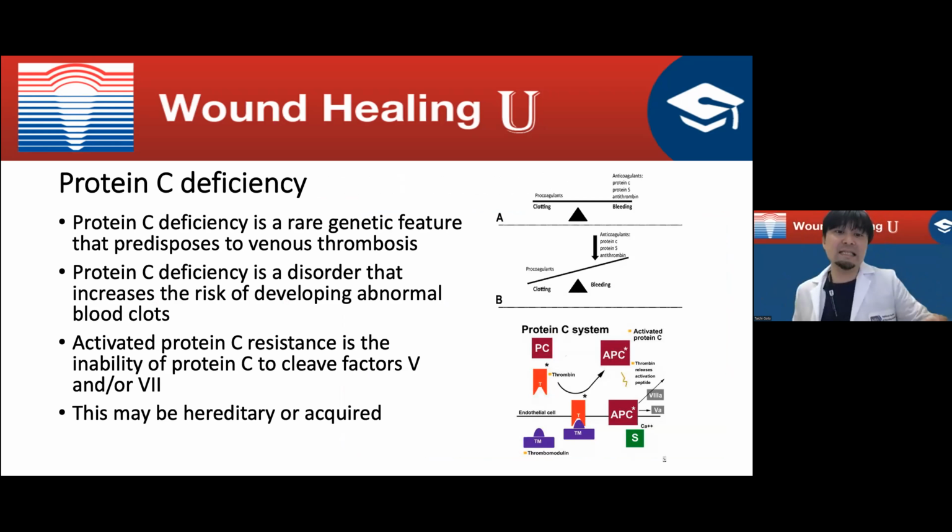So protein C deficiency is a rare genetic feature that increases the risk of developing abnormal blood clots in your body, resulting in venous thrombosis. And another condition related to protein C is activated protein C resistance, which is the inability of protein C to cleave factor V or other coagulation factors.